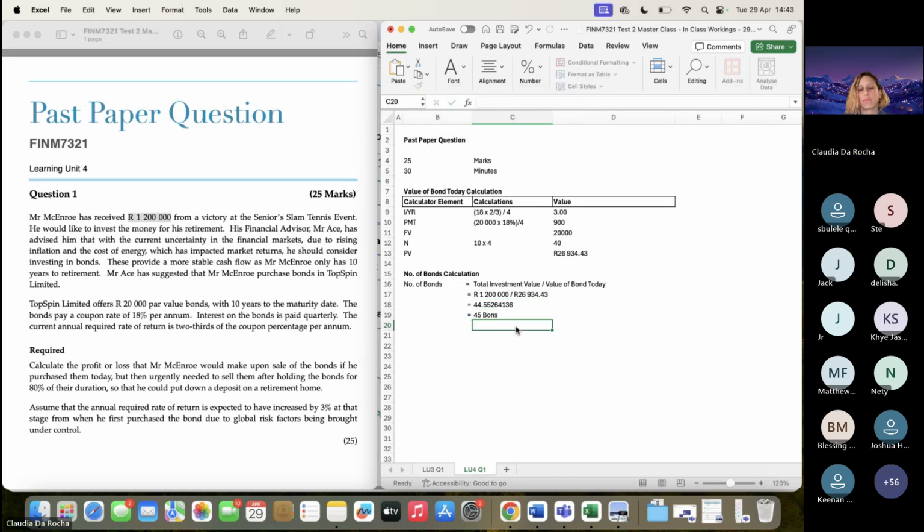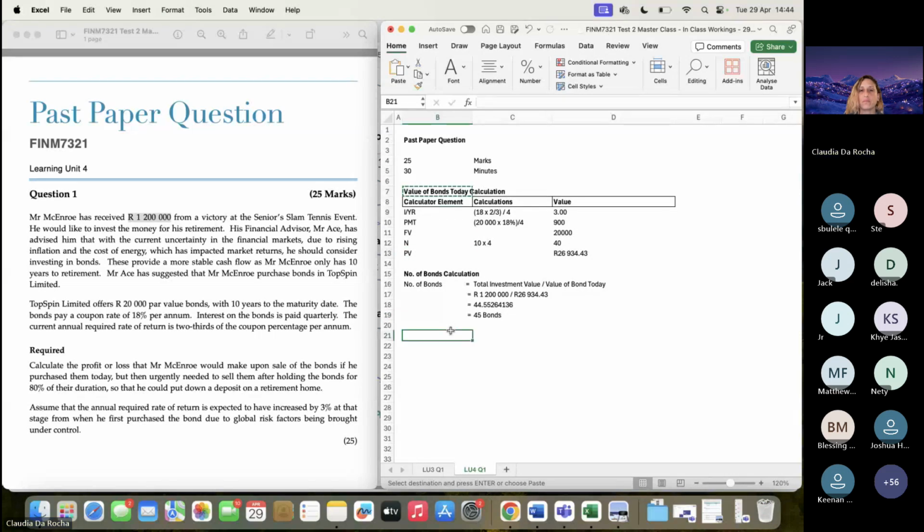Okay. So that's how many bonds he would have purchased with his money. Now that we know how much the bonds were worth when he initially purchased them, and how many bonds he purchased, we can now calculate what value he is going to sell the bonds at. This is when the 80% comes in now.